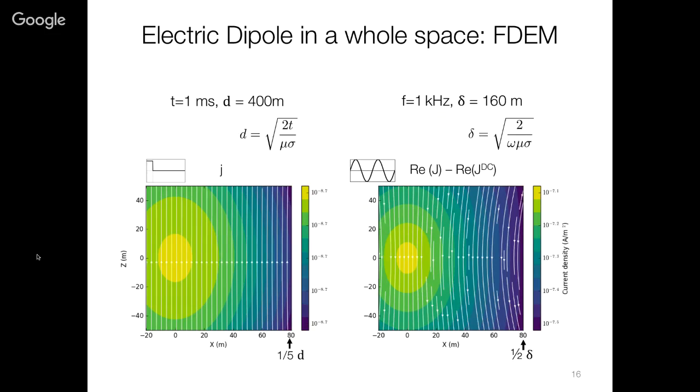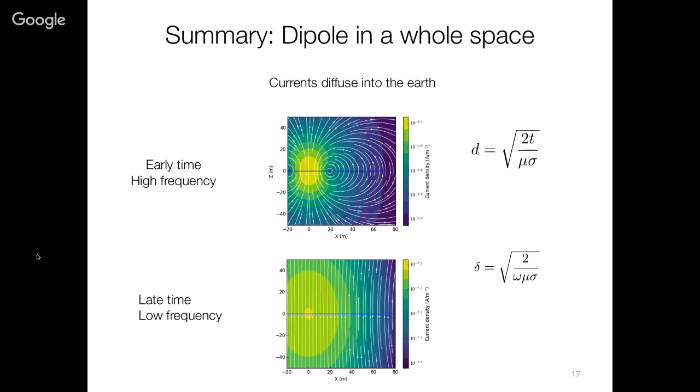Okay, so nothing magic or different. You look to see what's happening at different frequencies, and that's similar to what happens in the time domain at the reciprocal of that frequency. So early times and high frequencies are going to be the same. They're going to look like that.